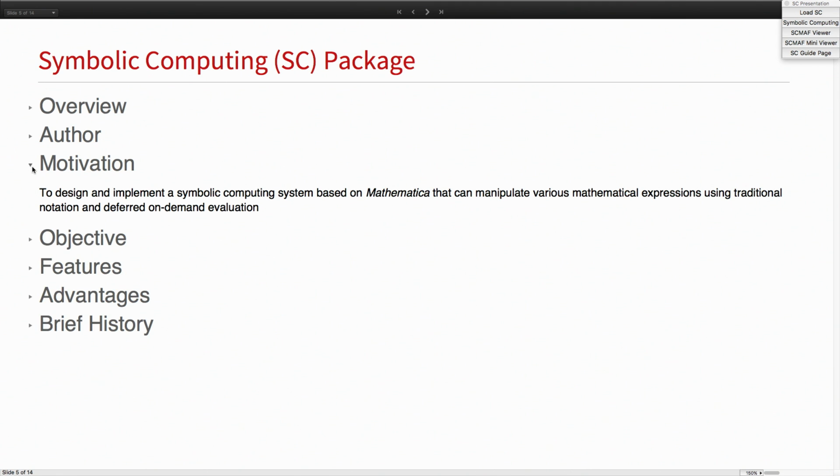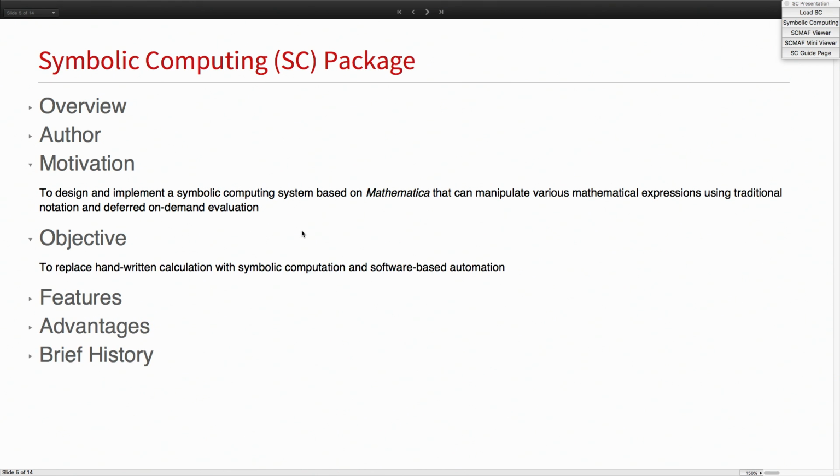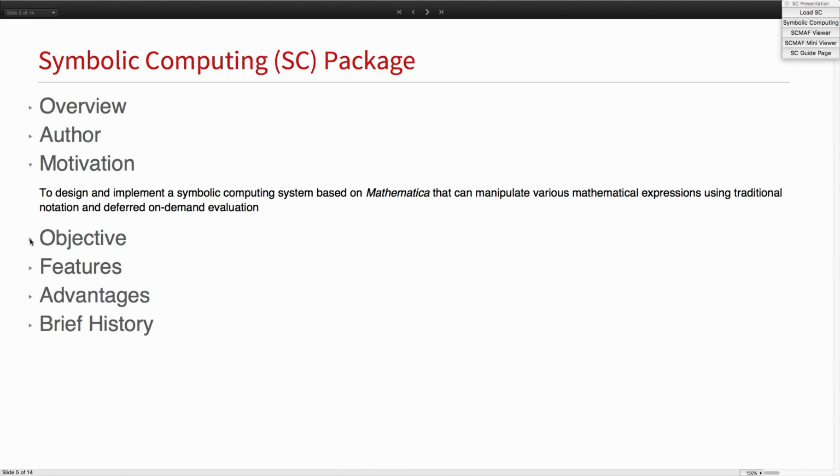The motivation is to design and implement a symbolic computing system based on Mathematica that can manipulate various mathematical expressions using traditional notation and deferred on-demand evaluation. The difference that occurs when you load the package is that some of the quantities, like the sums, integrals, products, etc., are not evaluated.